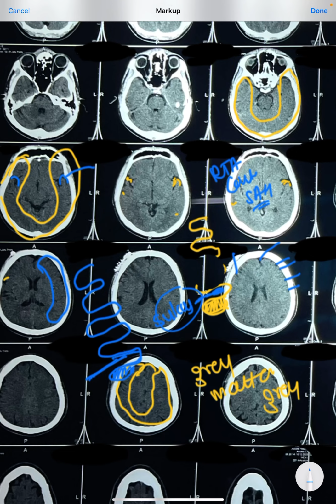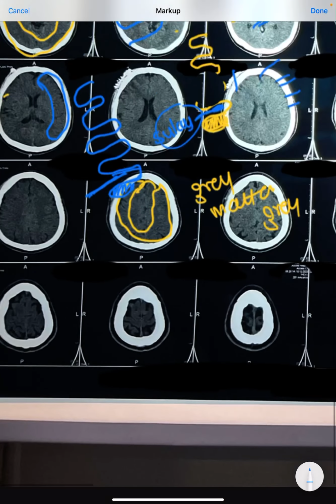But whenever this gray matter gets swollen, automatically what will happen is, if this is the gray matter and this is the gray matter, you have pretty good space in between. But if this gets swollen, automatically this gray matter will look like this, and this will also look like this.